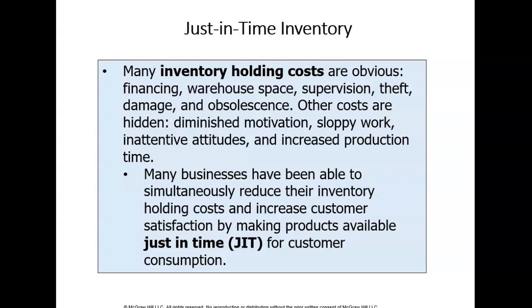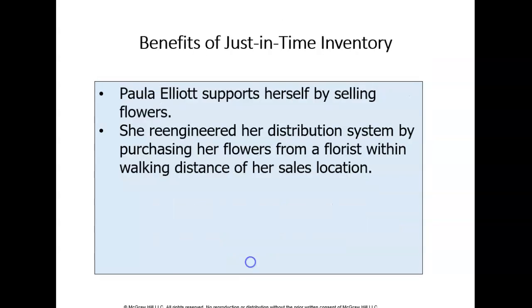So now we're going to pretty much order products to make inventory based upon the demands coming from our customers. The benefit is that we're going to use Paula as an example.